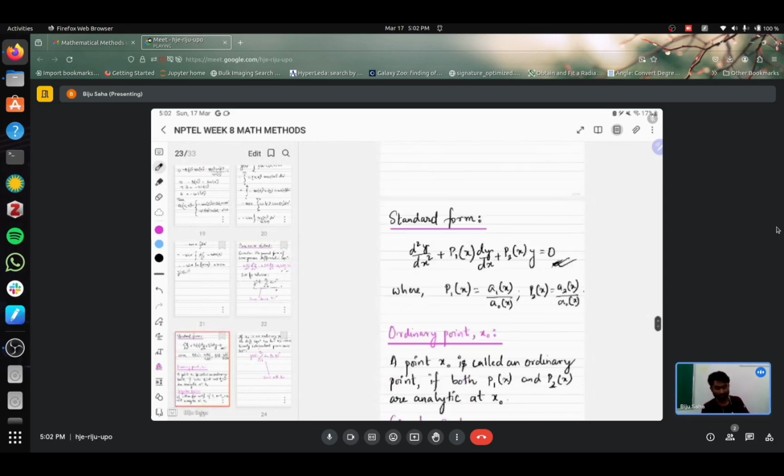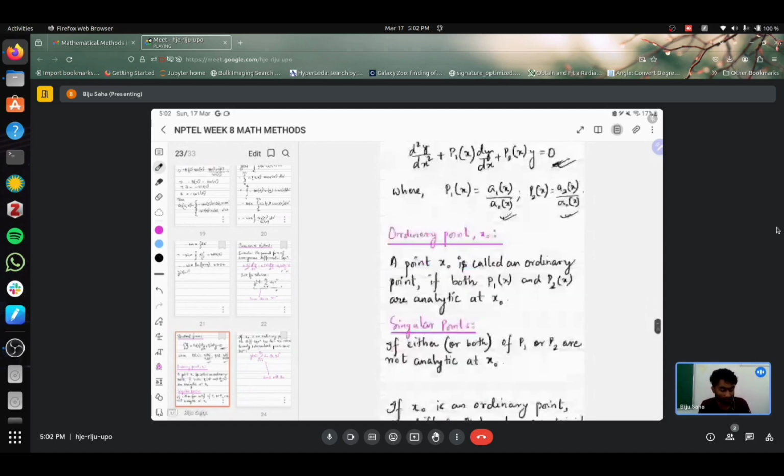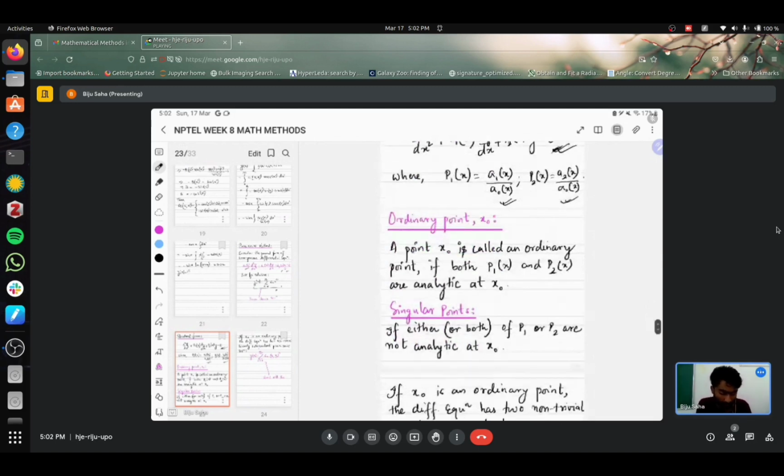Now any point x0 would be called an ordinary point if, on substituting x equal to x0 in the P1 and P2 expressions, both of them are analytic. And the point is called a singular point if any one of them, or both of P1 and P2, diverges. In that case, x0 would be called a singular point.